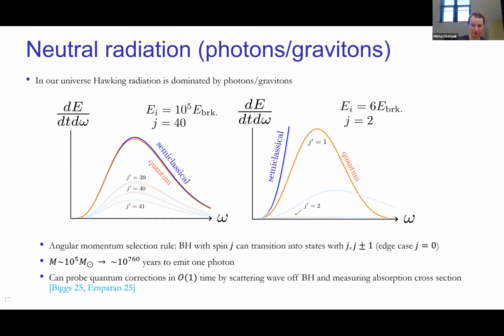But one interesting fact is you can probe these large quantum corrections in an order 1 time by scattering waves off the black hole and measuring the absorption cross-section. So if we had such a black hole, we could just shine a laser at it and see very large quantum effects very quickly instead of waiting these very long times.